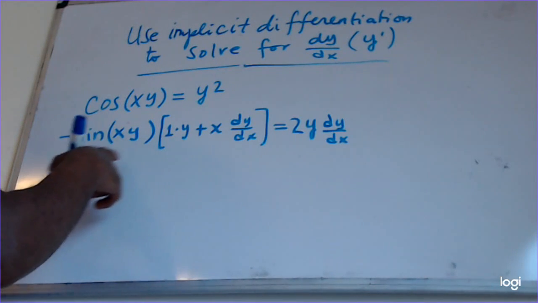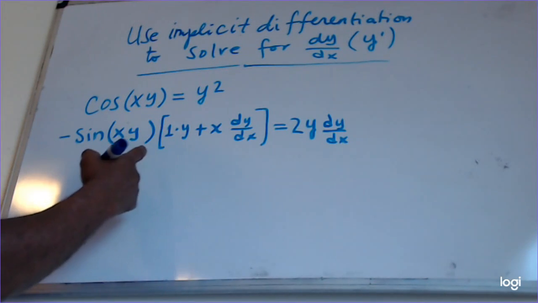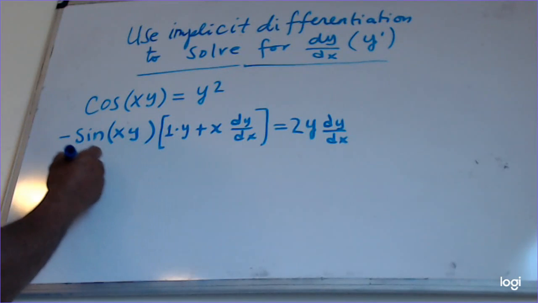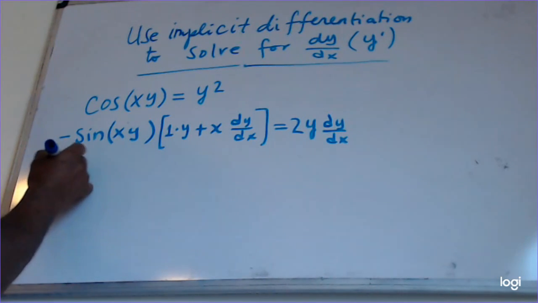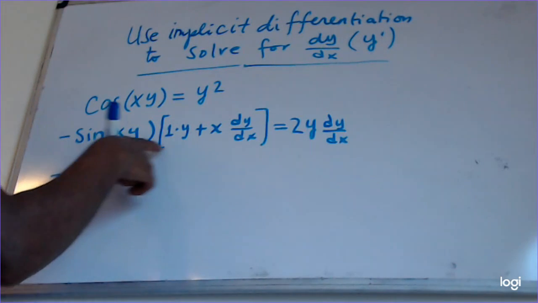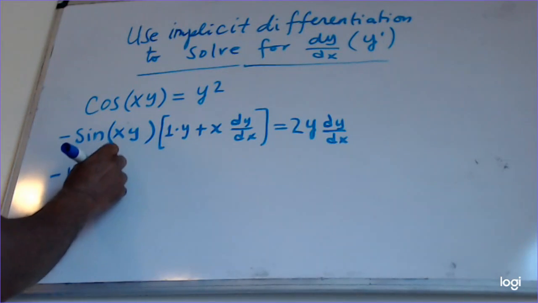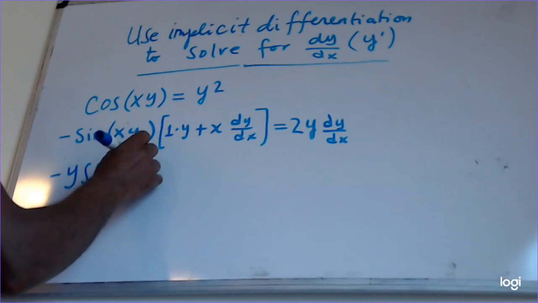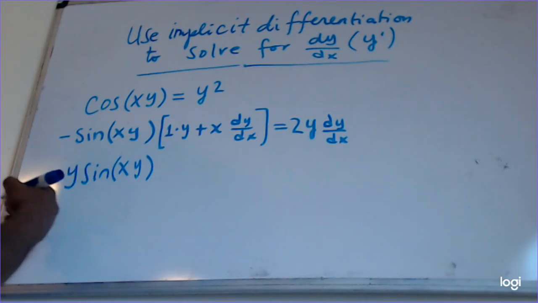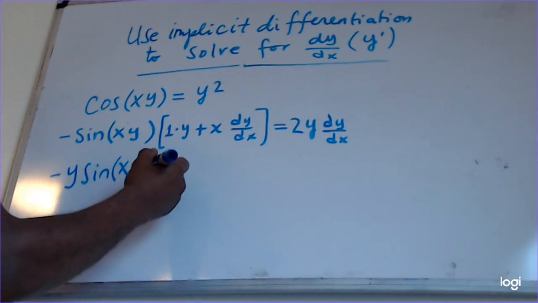In order to solve for dy/dx, we need to get all terms that have dy/dx on one side. So I will need to distribute. This will give me negative sine xy times y. That's going to be negative y sine of xy. It's much easier to put the negative y on the front as a coefficient.